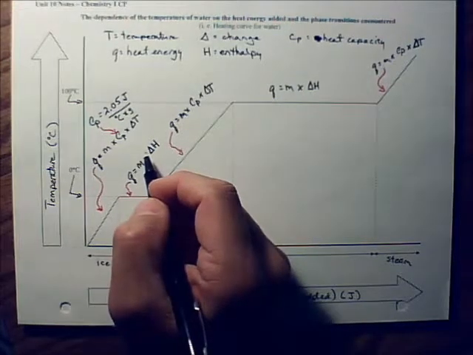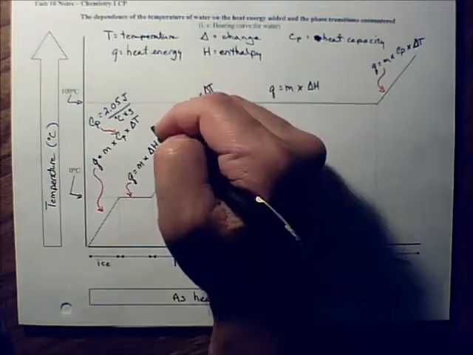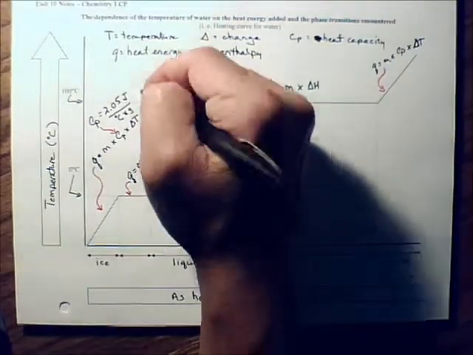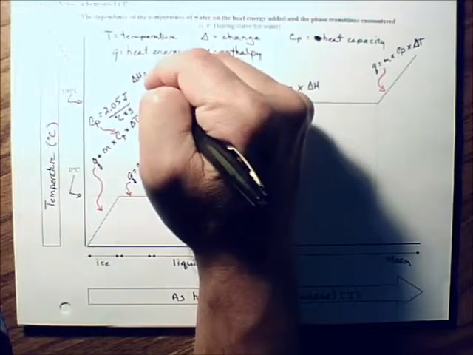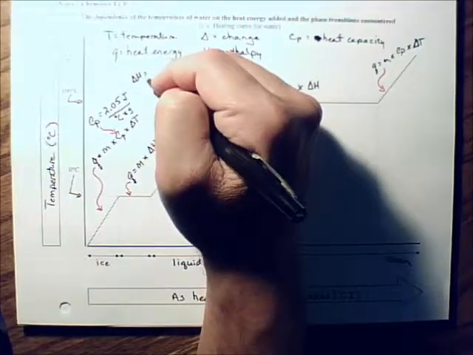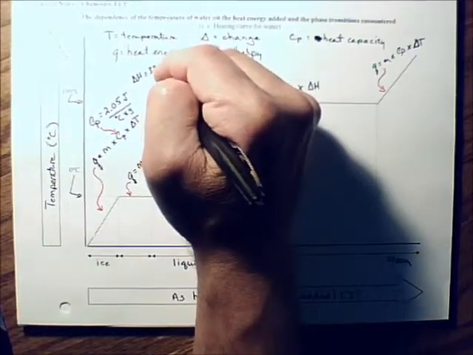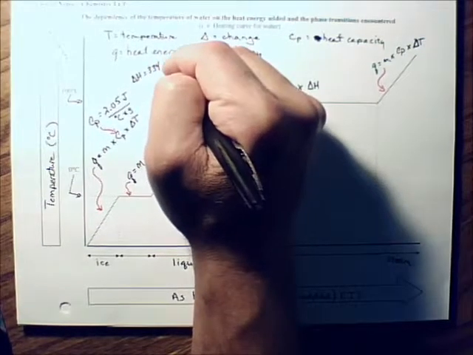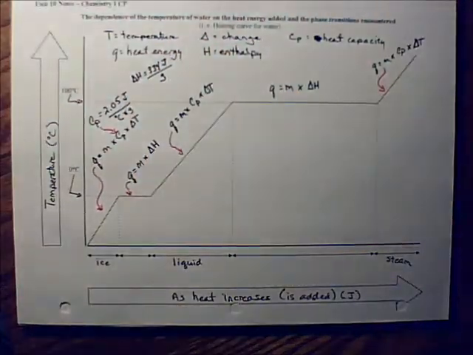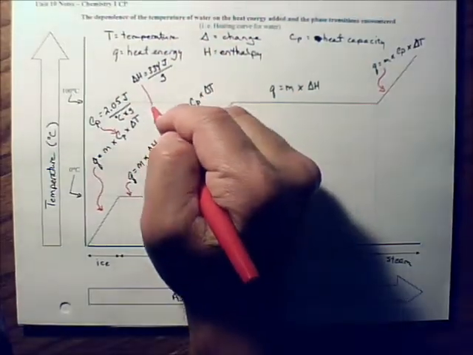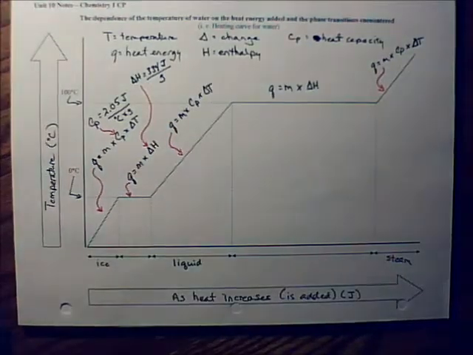All right, that delta H also has a value, and that is delta H for ice is 334 joules per gram. And that's that delta H right there. Okay?